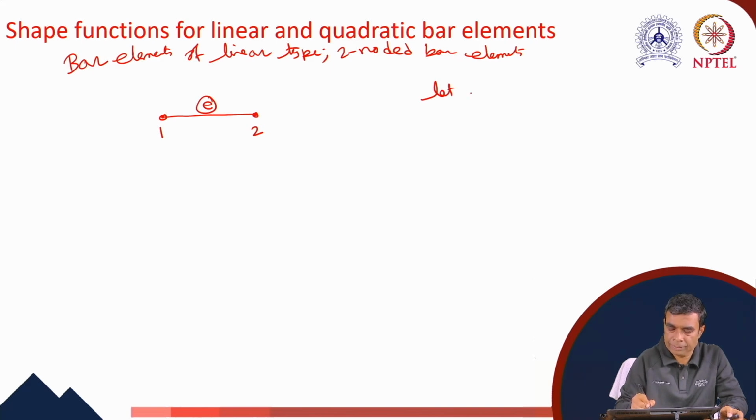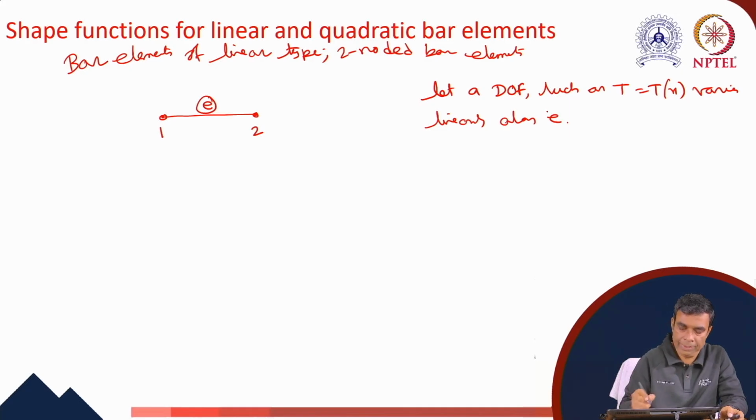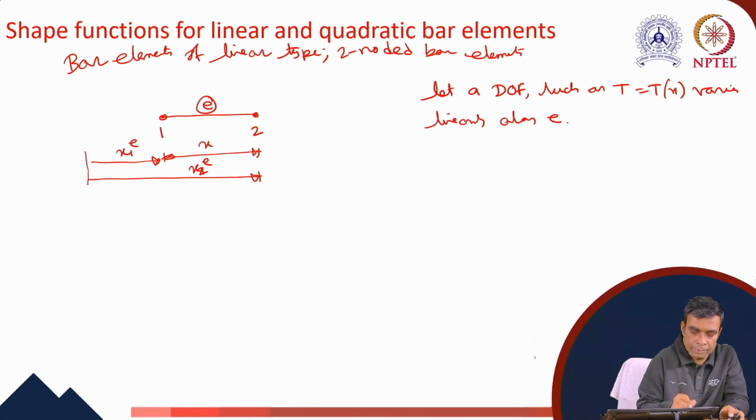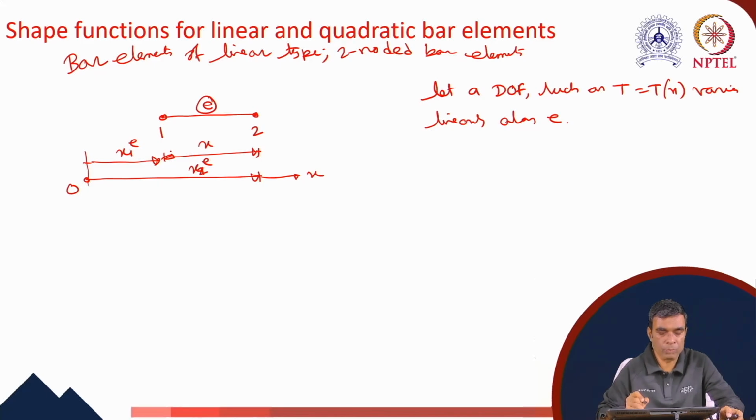Now, we consider that a degree of freedom, such as temperature, varies linearly within the element. So let a DOF such as temperature T(x) vary linearly along the element E. So, with respect to the global origin, the coordinates of the nodes are, from here, the global coordinates of nodes 1 and 2 are x1e and x2e.